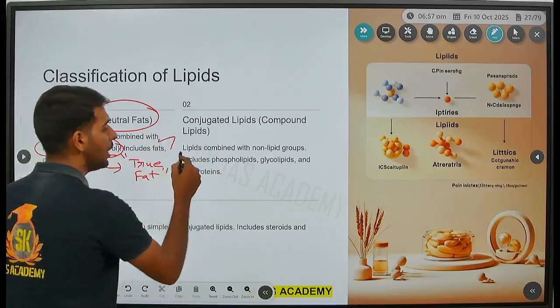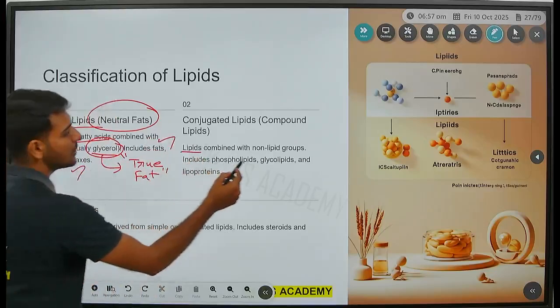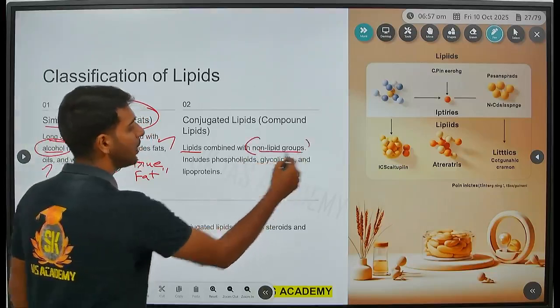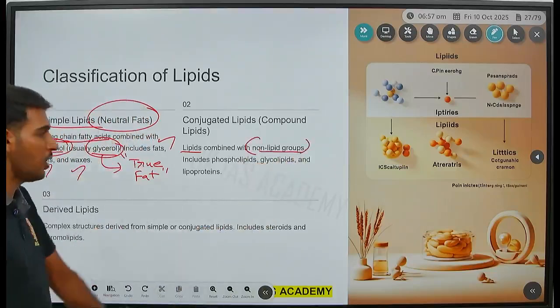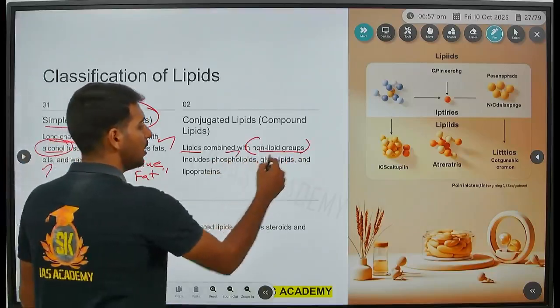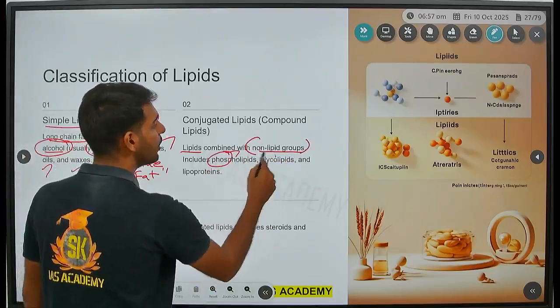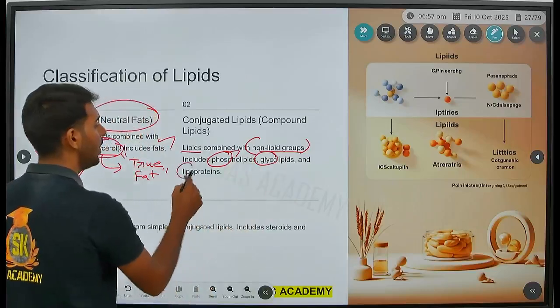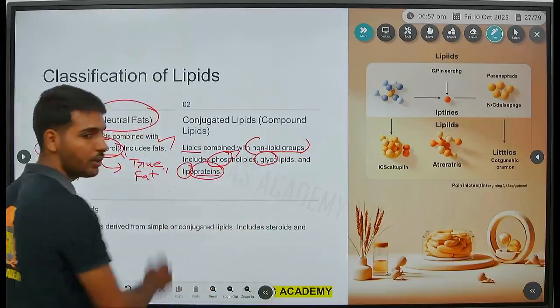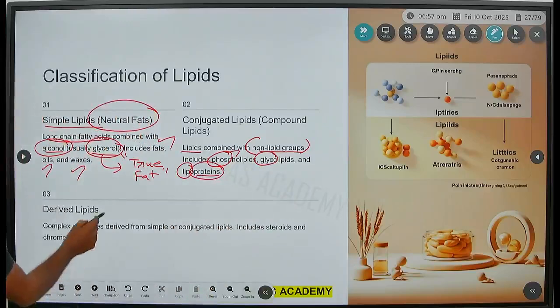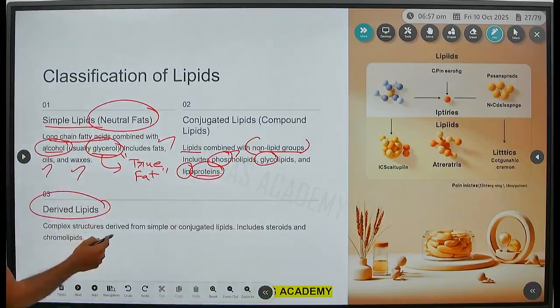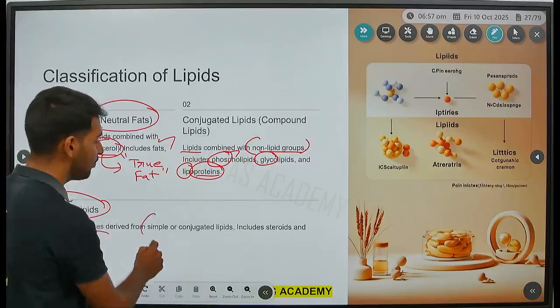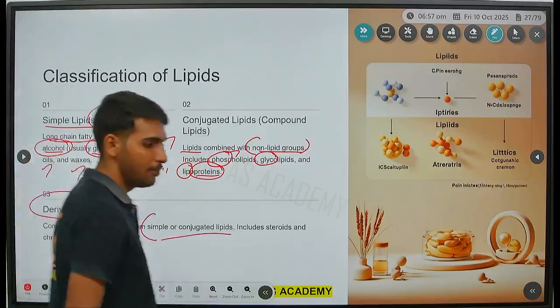Conjugated lipids are lipids combined with a non-lipid group. Phospholipid has a phosphate group, glycolipid has a carbohydrate, and lipoproteins have a protein group. And derived lipids are complex structures derived from simple or conjugated lipids.